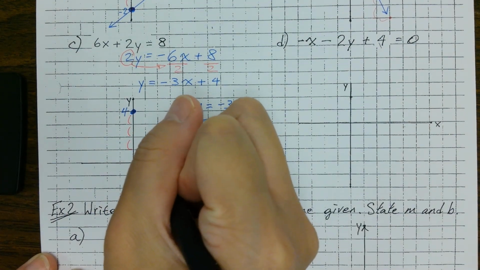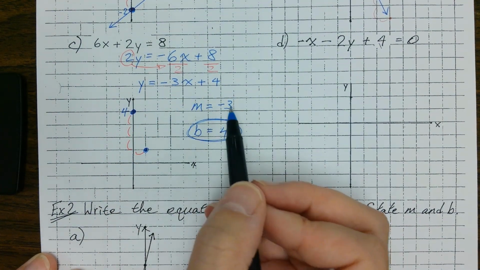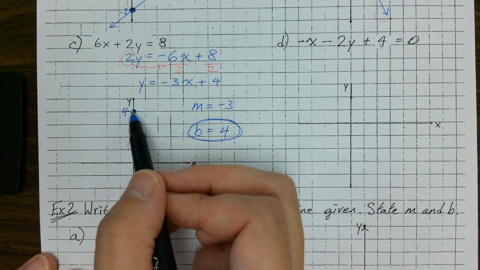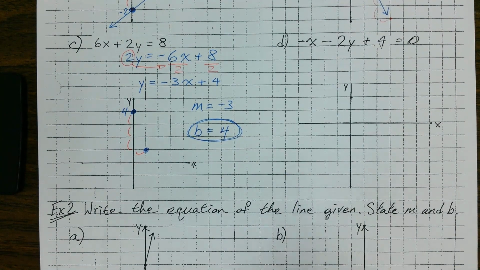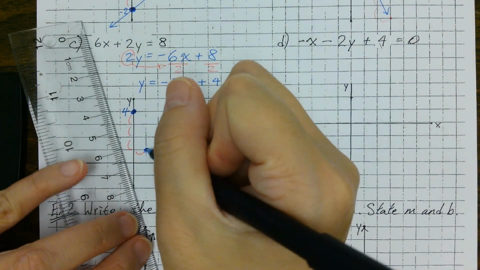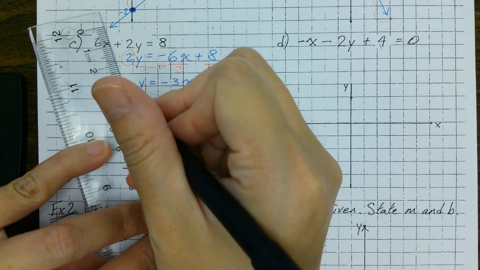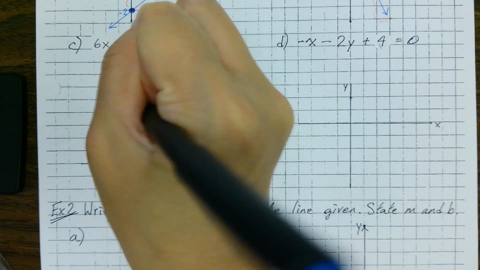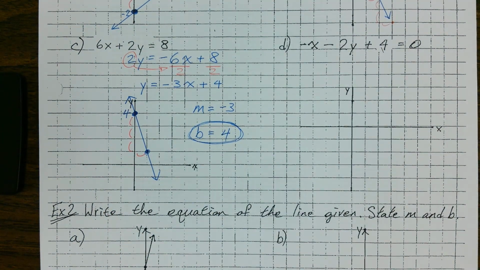Perfect. A common mistake that people make is for the slope, they do it from here. You never do it from the 0, 0. You do it from your y-intercept. That's why you always have to plot your y-intercept first.